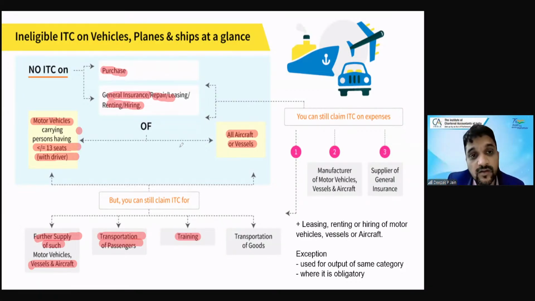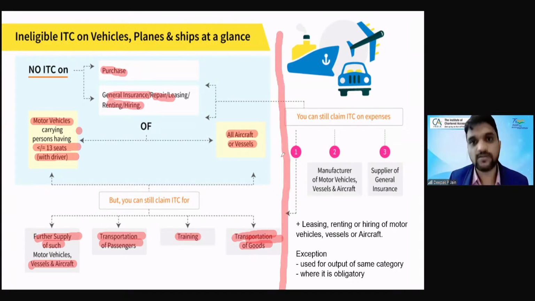Or any person buying such a motor vehicle for transportation of goods, a lorry, a goods transport agency, a courier agency, they buy vehicles for transportation of goods. So these four categories of people will get it. Otherwise, others will not get it.